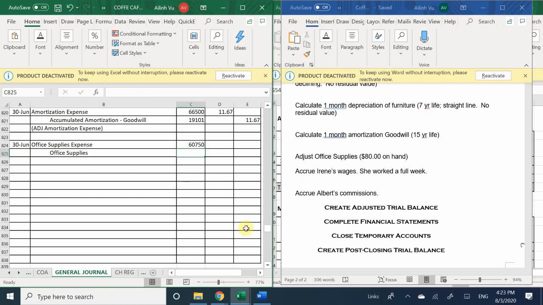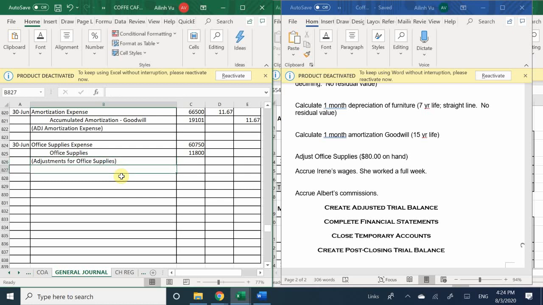So office supplies is what number? What's the account number for that? 11800. Okay. And this one is going to be 6075.